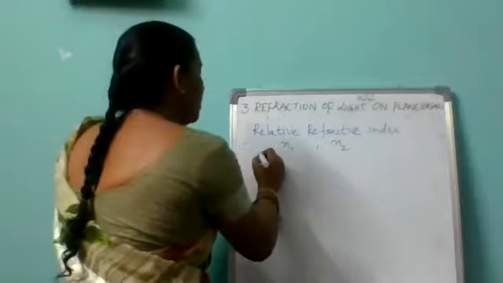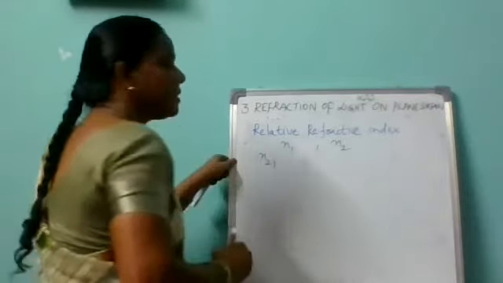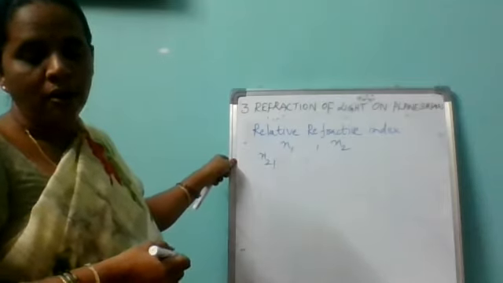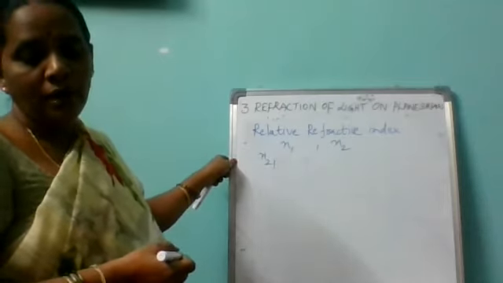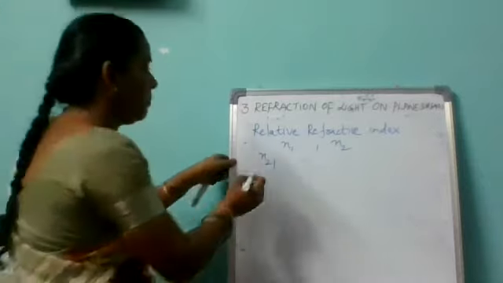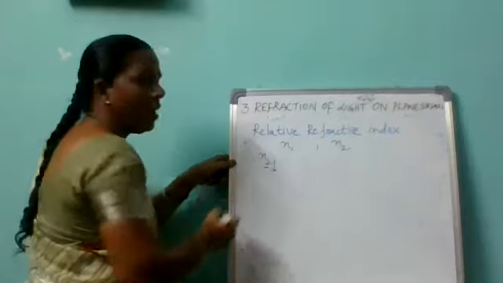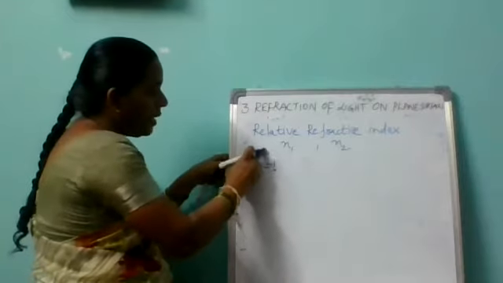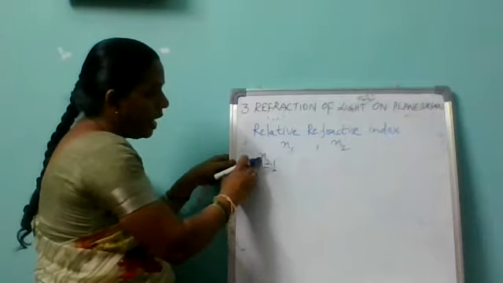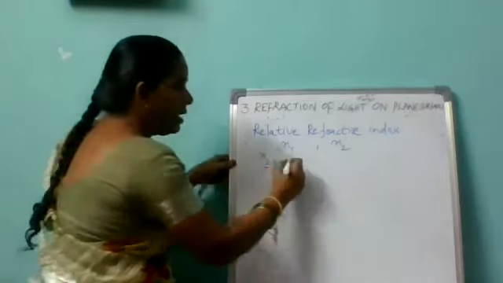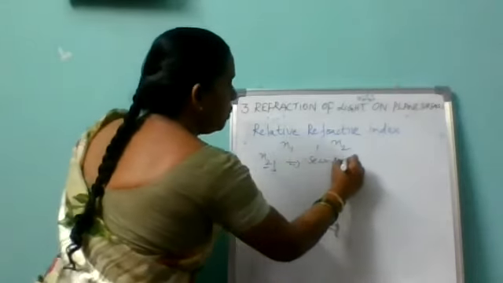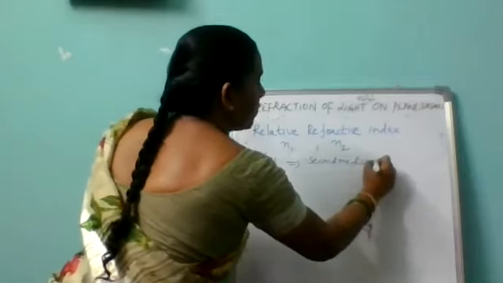How to define the relative refractive index, which is denoted by N21? How to call the relative refractive index of second medium with respect to first medium? Here N21, how are we writing? We are comparing the refractive index of second medium to the first medium.